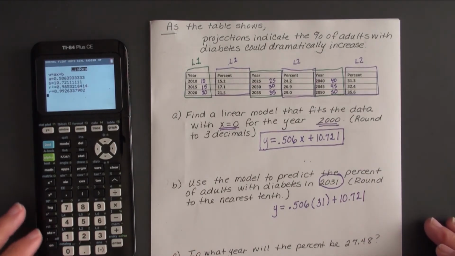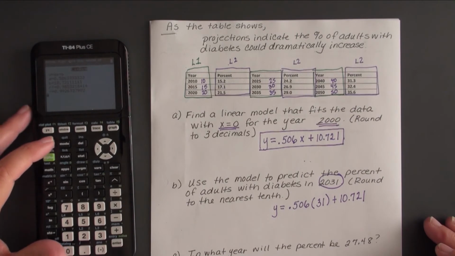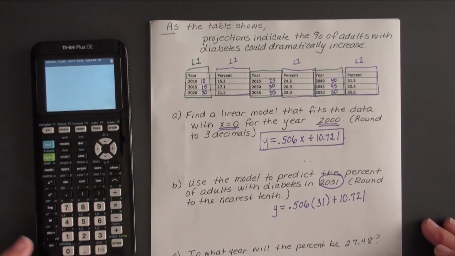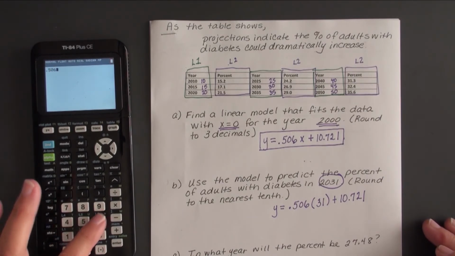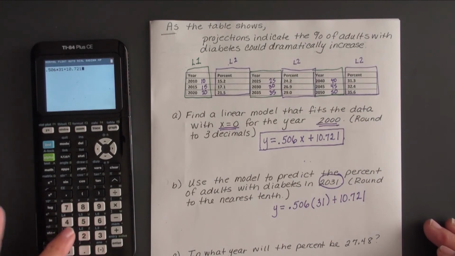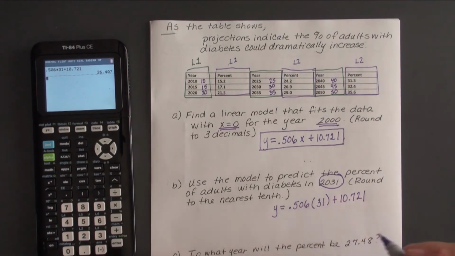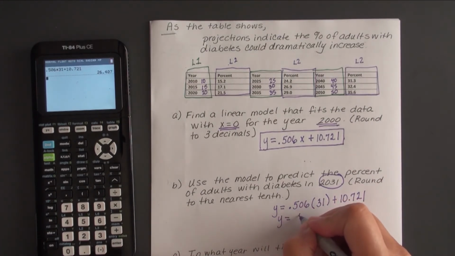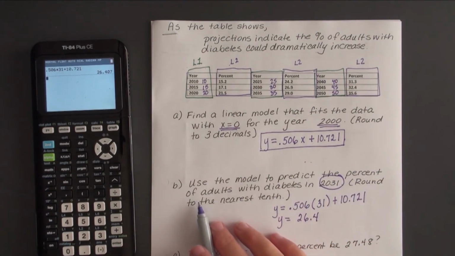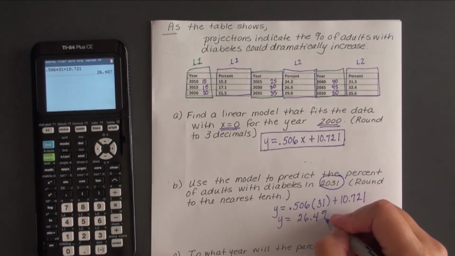So what do we get here? Let's go into the regular calculation mode and do 0.506 times 31 plus 10.721. And it says round to the nearest tenth, so 26.4, and this is predicting the percent of adults with diabetes.